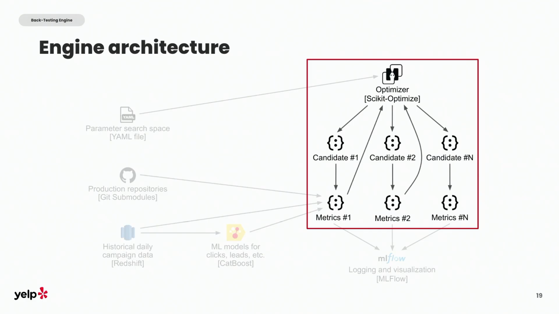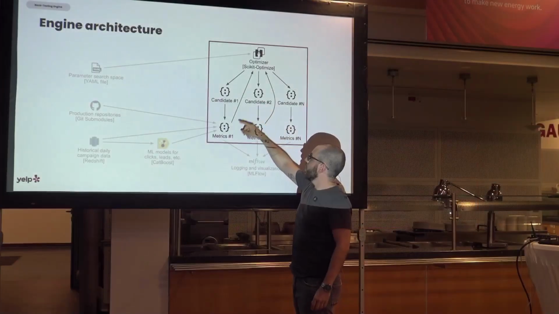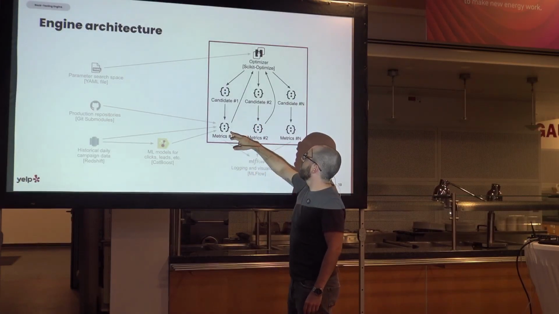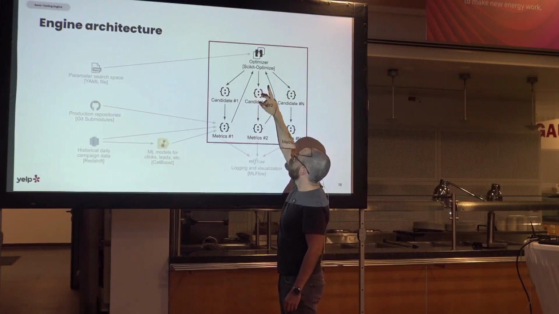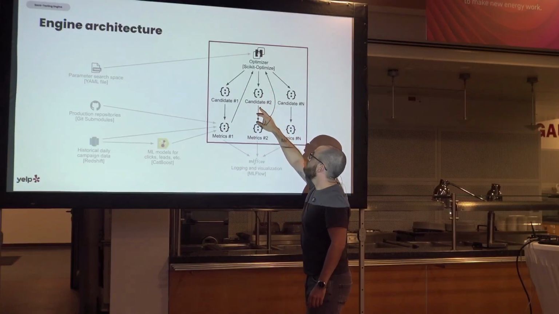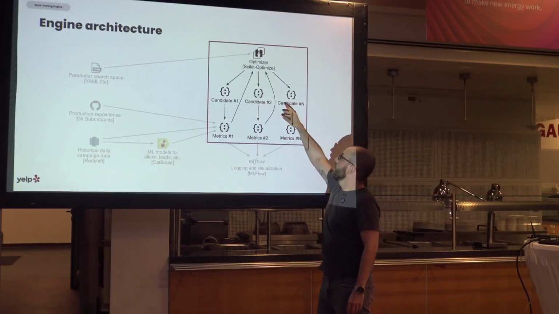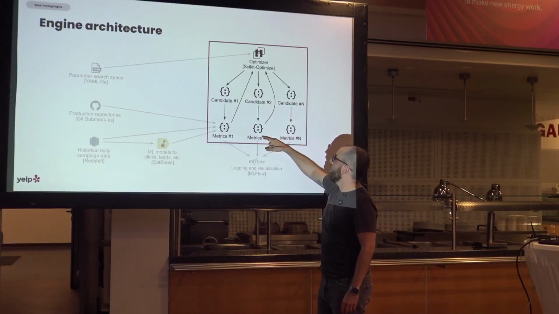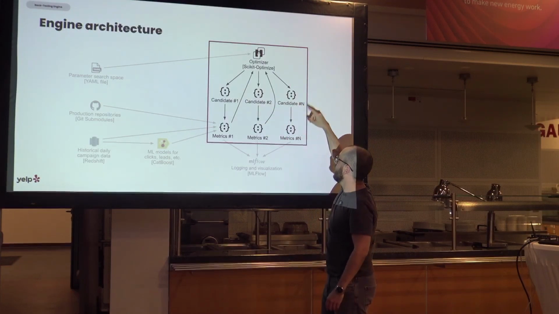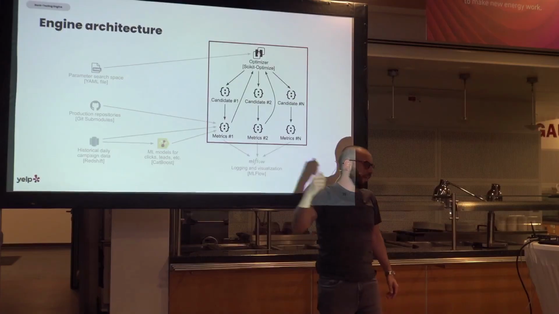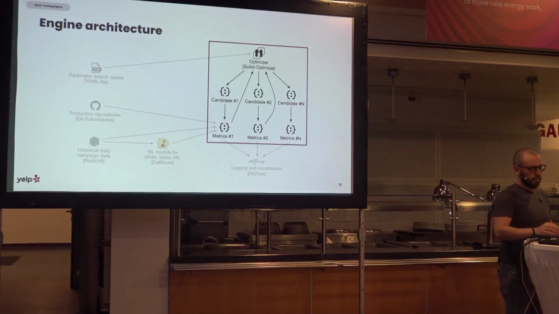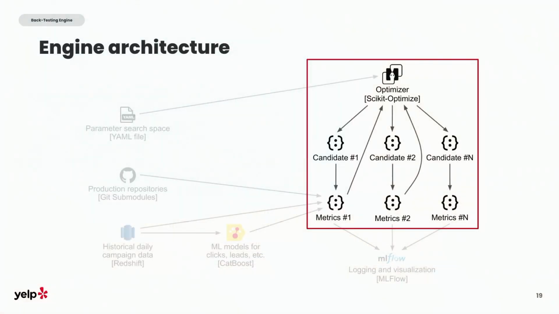Then the process is quite intuitive. After the first run, we have a candidate and the resulting metrics, and then we pass them to the optimizer. The optimizer proposes a new candidate, and so we get new metrics, and the process goes on like that. In this case, it goes on 25 times, because we set the number of runs equal to 25.